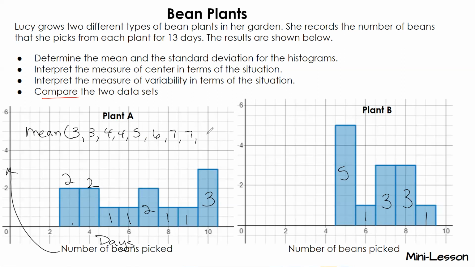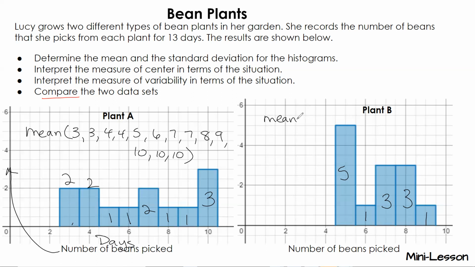Like it's the same thing as a dot plot. So instead of all these bars, you would do dot dot. You see what I'm saying? So it would be 2 dots at 3. So that's why there's 2 3s. That's a little tricky.